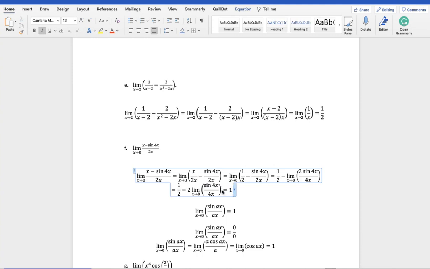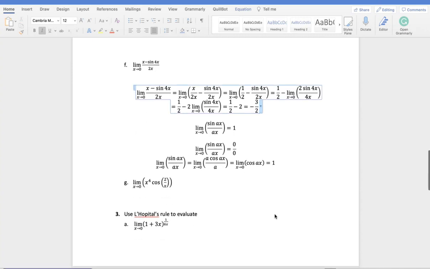So then you'll have 1 over 2 minus 2, which will just be negative 3 over 2, I think, if I'm not mistaken. So that is it for that question.